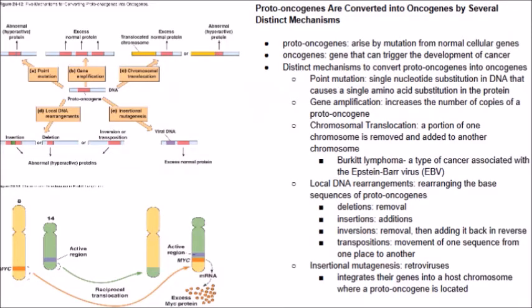Proto-oncogenes are converted into oncogenes by several different mechanisms. Proto-oncogenes arise by mutations from normal cellular genes. An oncogene is a gene that can trigger the development of cancer. There are different mechanisms to convert proto-oncogenes into oncogenes.